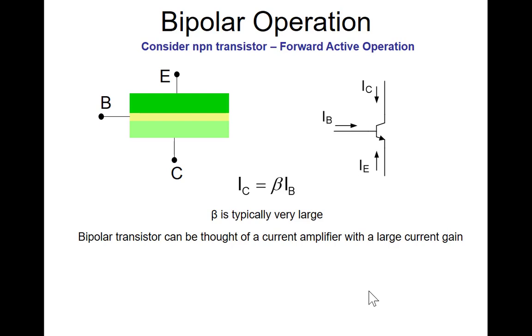What did they come up with now? An active device that was cold that acts like a what? A current amplifier with a great big gain. Make sense? Wow, that was a neat device they had. So it can be thought of as a current amplifier with a large current gain.